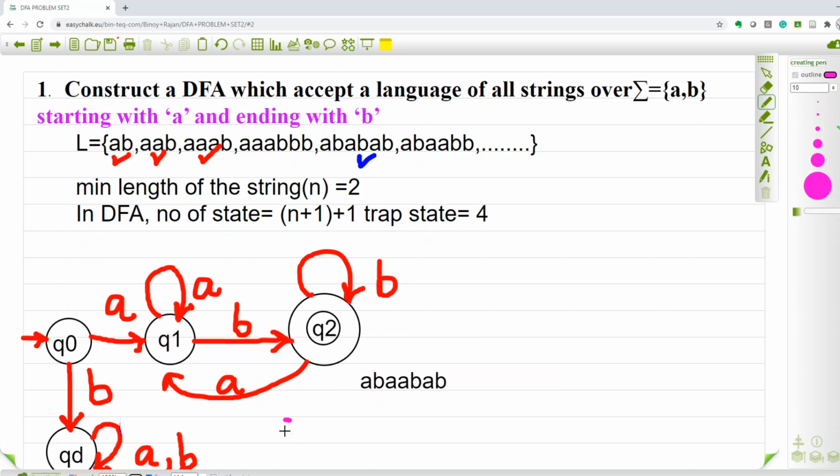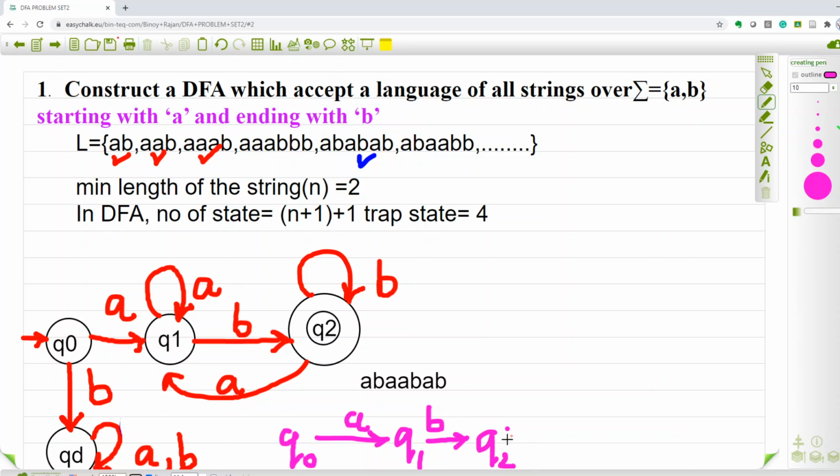Okay, so Q0 with respect to A, Q1. Q1 with B as the input symbol, I reached Q2.